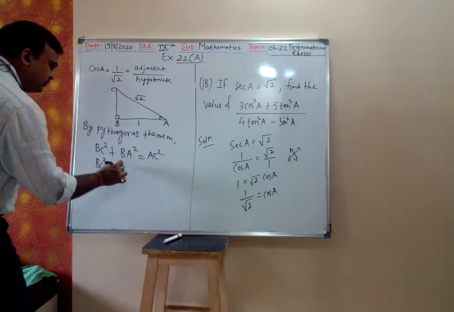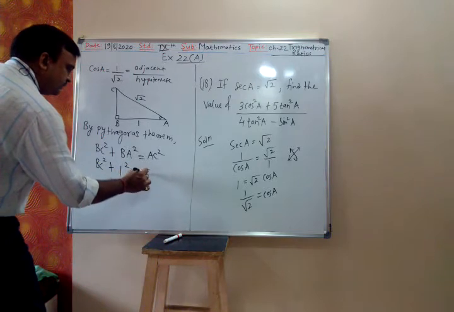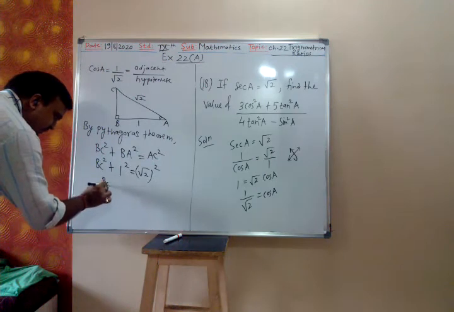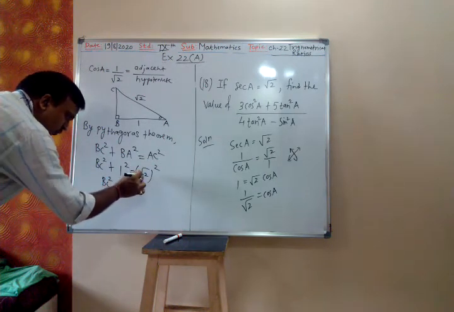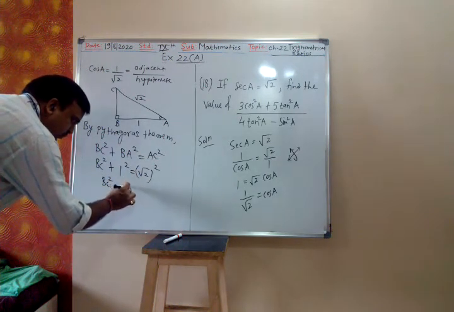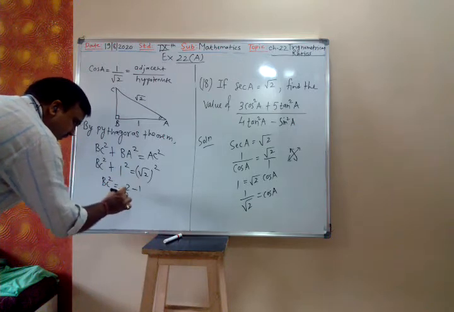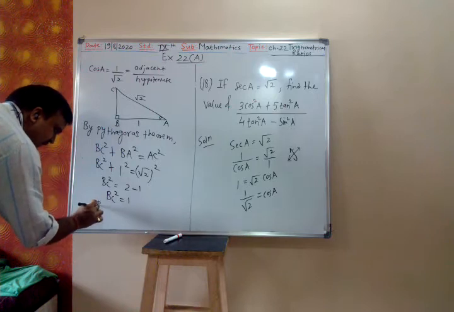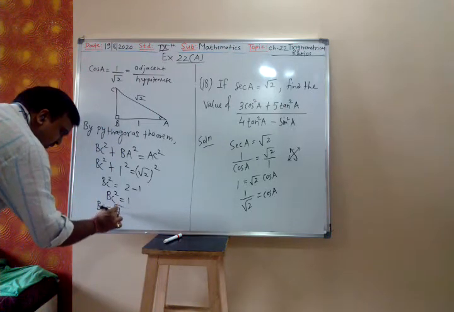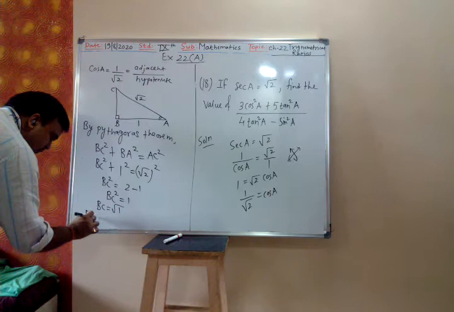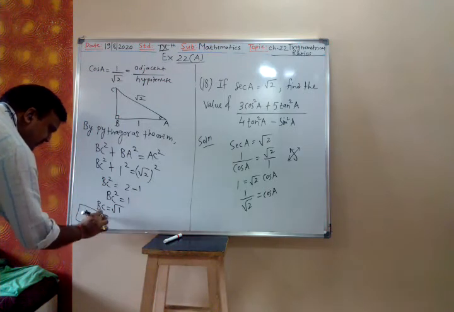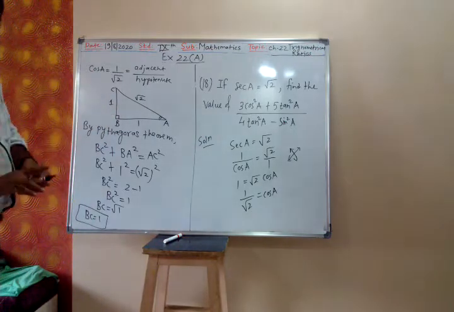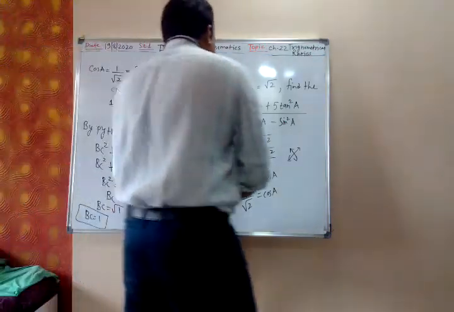BA is 1, square is equal to root 2 square. So BC square is 2 minus 1. So BC square is 1. So BC is root 1. So we write BC as 1. So now my BC is 1.